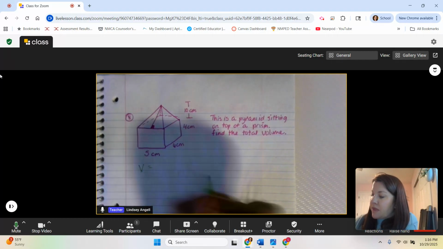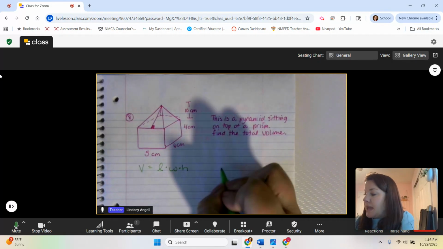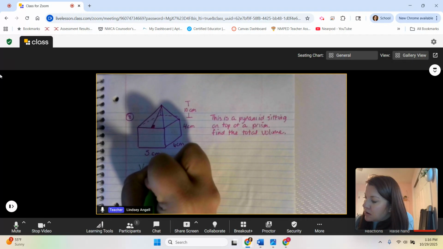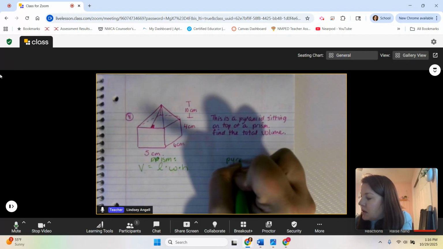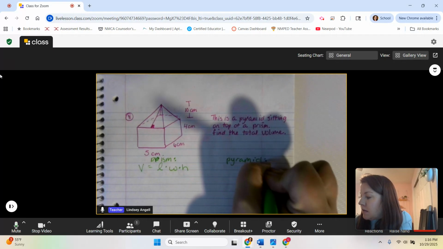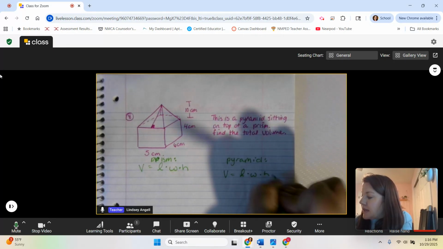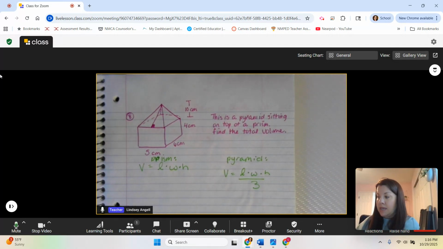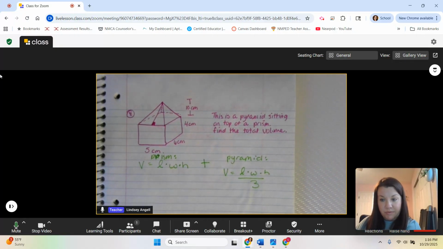So the volume of the prism we're going to find by doing length times width times height. So let's see, let me get myself organized. So here's my prism, my pyramid. The volume is equal to length times width times height divided by 3. Okay, so there's my 2 formulas, and then we're going to add them together once we find them.